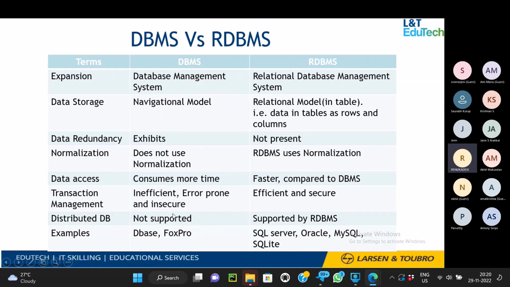Examples: dBase and FoxPro are examples of traditional database management systems, whereas for RDBMS we have SQL Server, Oracle, MySQL and SQLite. So this is the major difference between a database management system and a relational database management system.